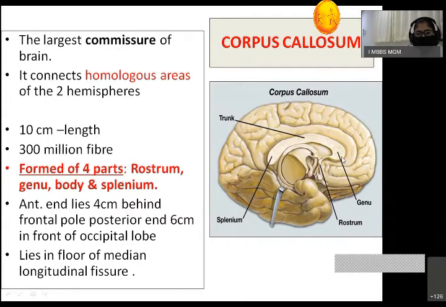The posterior end, which is formed by the splenium, lies 6 centimeter in front of the occipital pole. This corpus callosum lies in the median longitudinal fissure of the cerebrum.